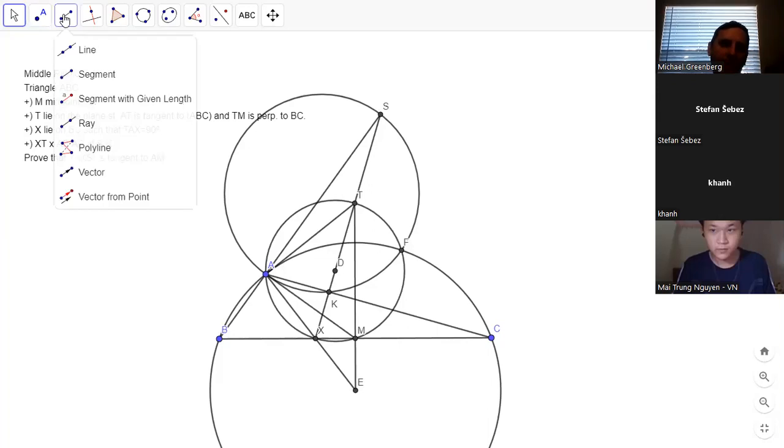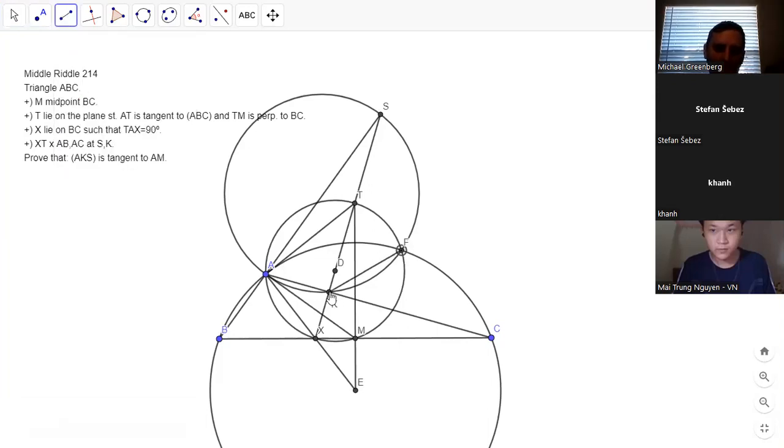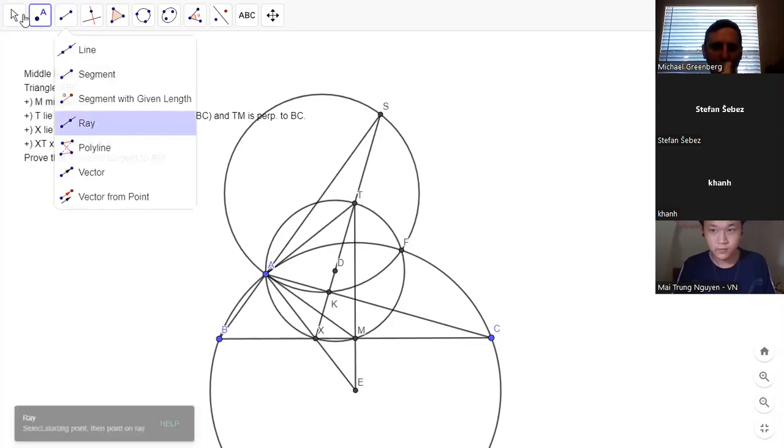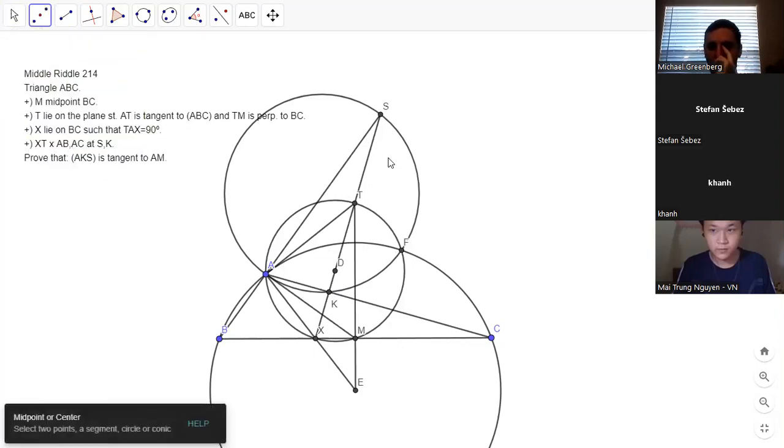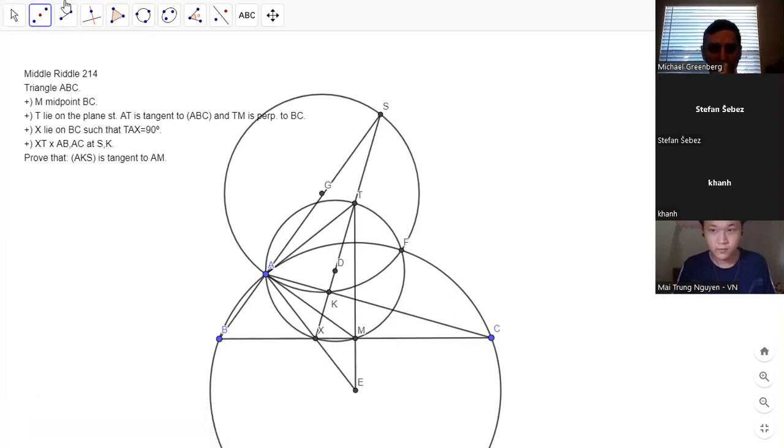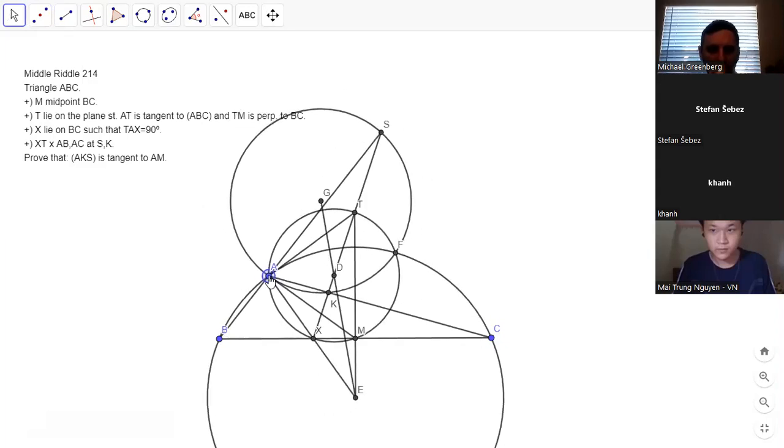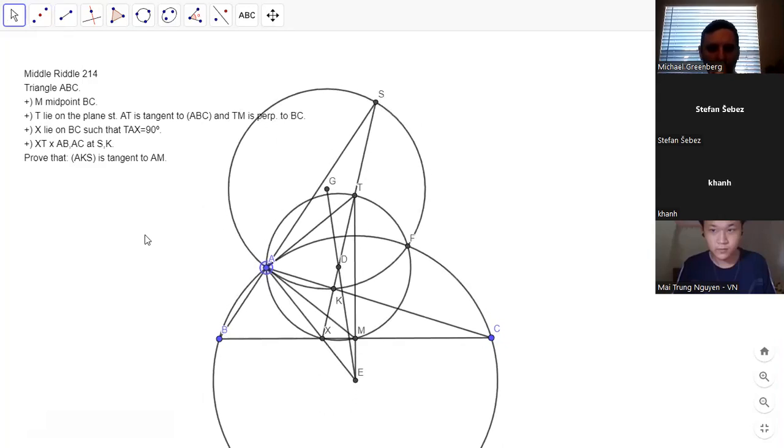Maybe BK and F are collinear? No. G, D, and E are collinear. It almost looks like, yeah, that's probably better.